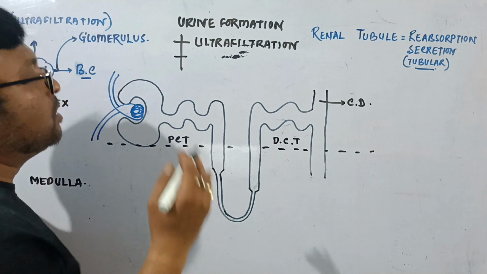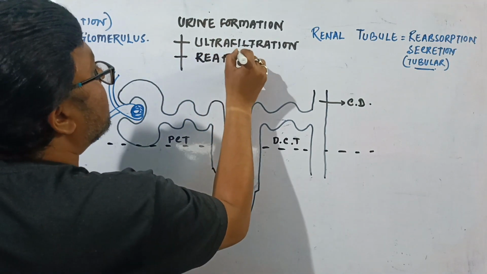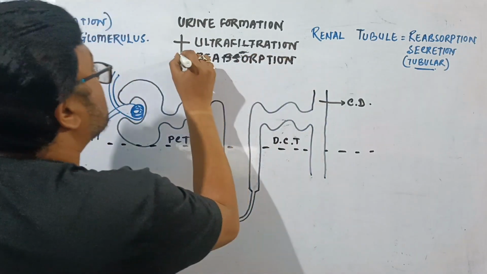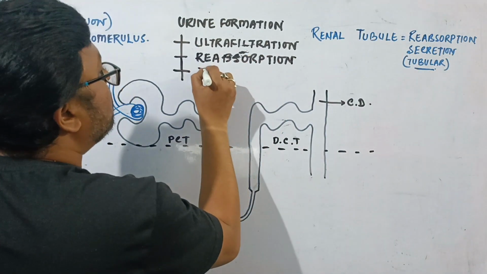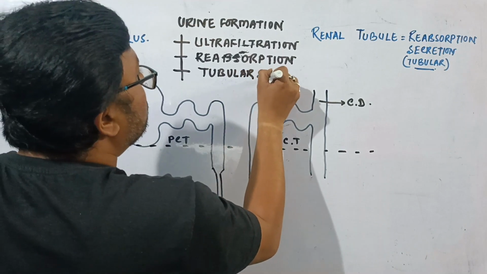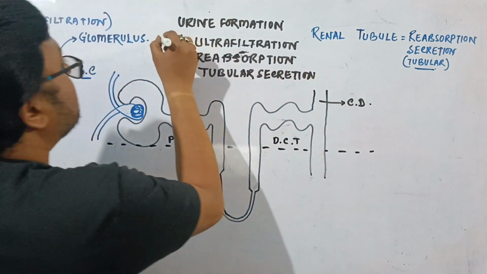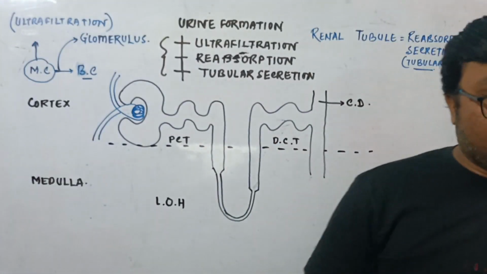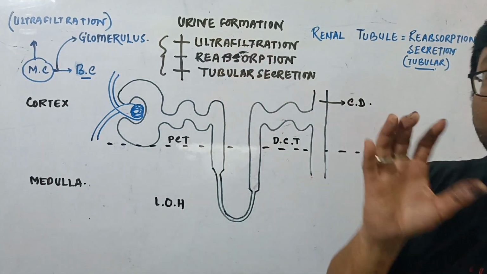The second step involves reabsorption. And the third step includes tubular secretion. So these are the three important steps that help in the process of urine formation. এটা প্রথমে মাথায় রাখবো.